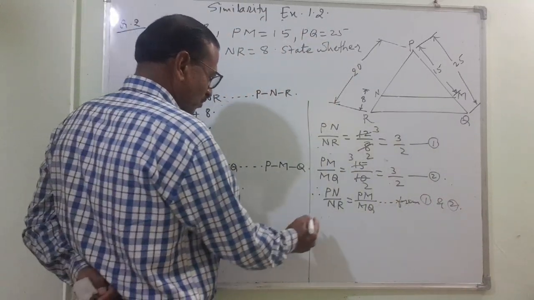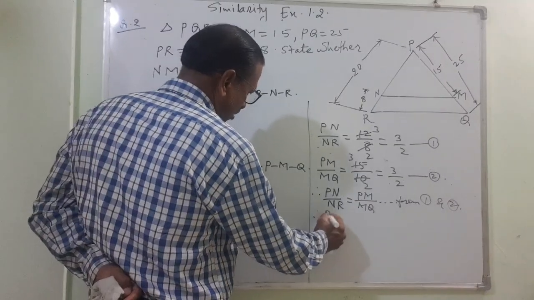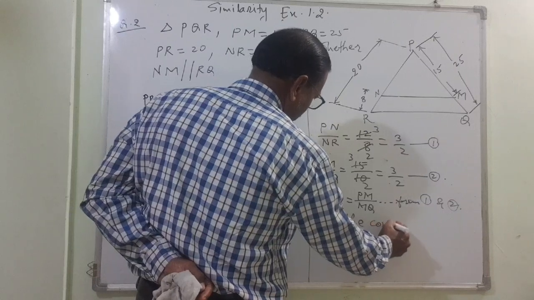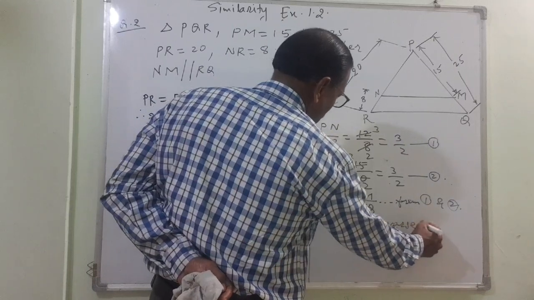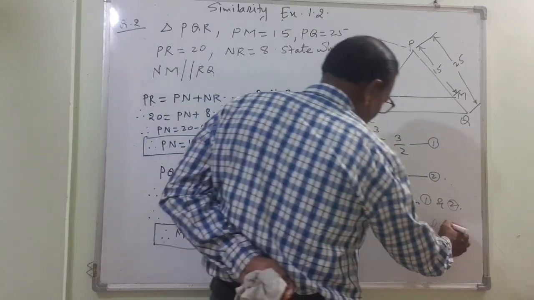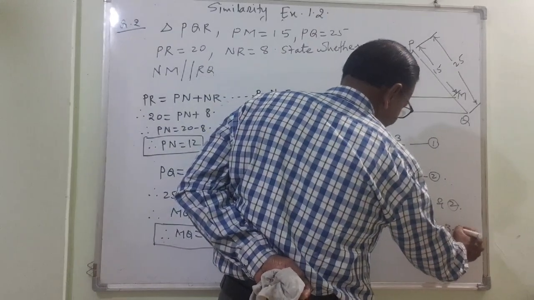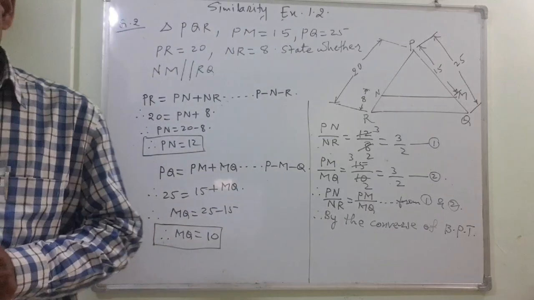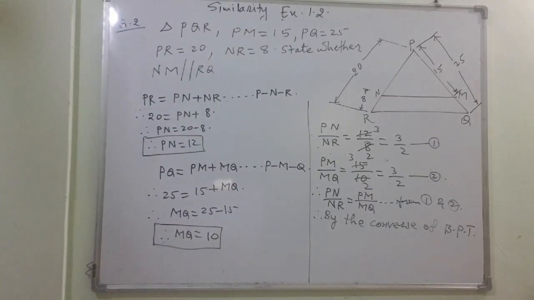Therefore, by the converse of BPT, the basic proportionality theorem. What you have understood by the basic proportionality theorem here is that the ratios are equal.